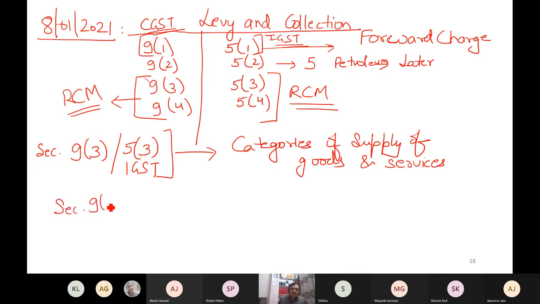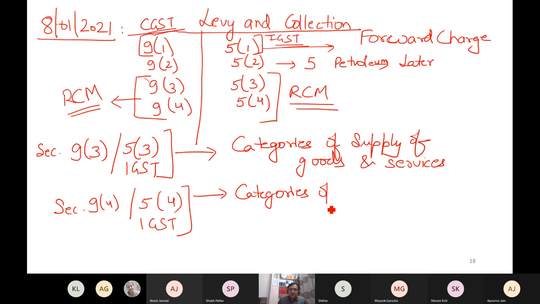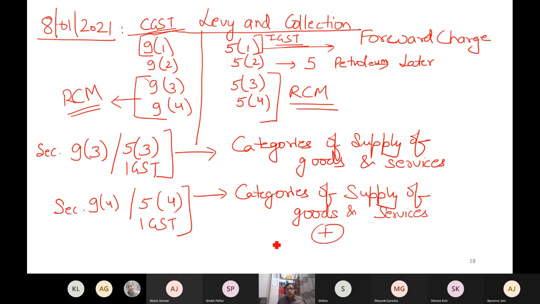And if you remember 9.4 and 5.4, I told you earlier also, the government has not only told me the categories of supply of goods or services, plus the government has told who should be the supplier.